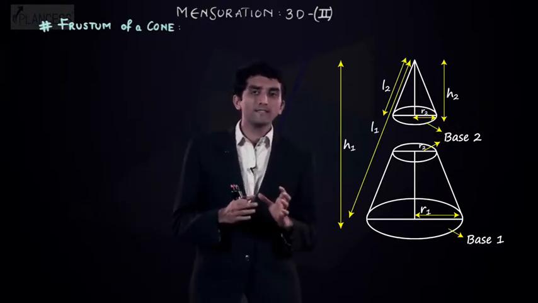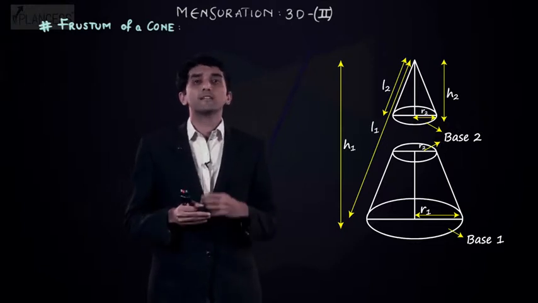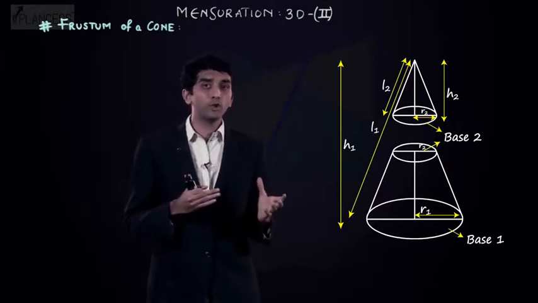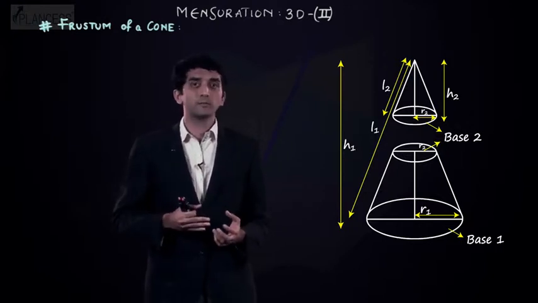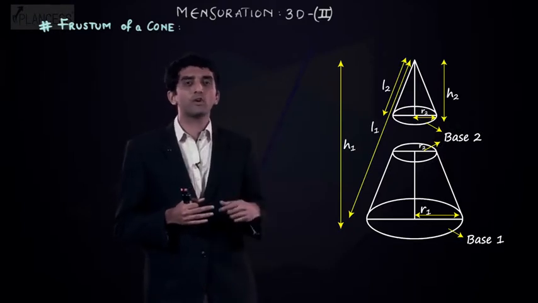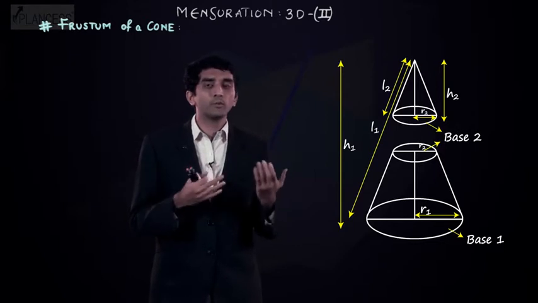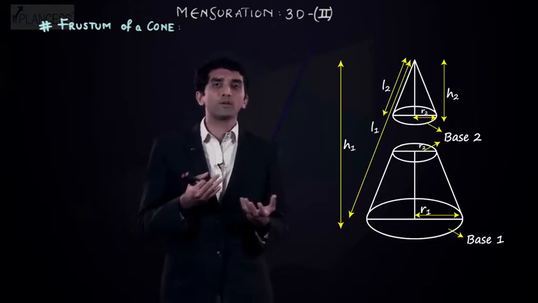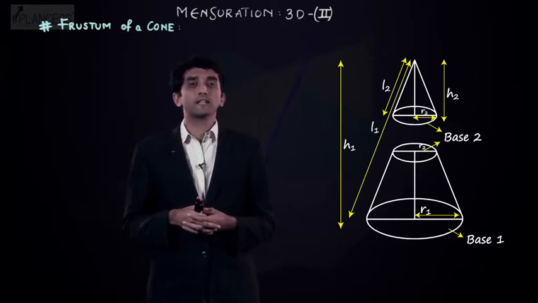So now on the basis of these 6 entities, we have to talk about the slant height of the frustum, the volume of the frustum and the surface areas of the frustum, because we are not really interested in that smaller cone. Once we get the dimensions of the smaller cone, getting the volume and the surface areas is very easy, because we already know the formulae for the volume and surface areas of a cone.